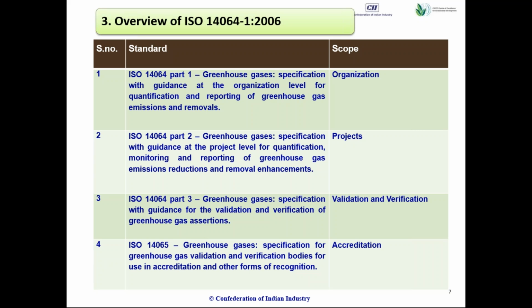And these validation verification bodies also need to have some accreditation. They need to have competent people, and several other requirements which are given in the accreditation document. Only those bodies which have the accreditation can come and verify your GHG emissions. The requirements for accreditation are given in ISO 14065.